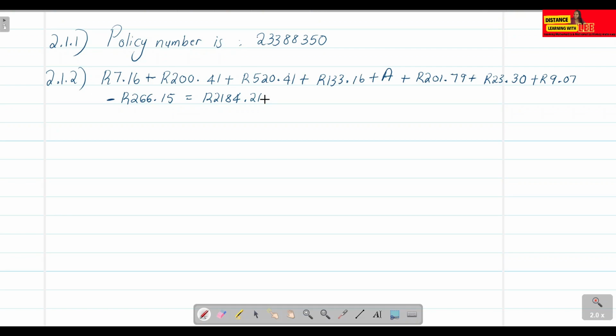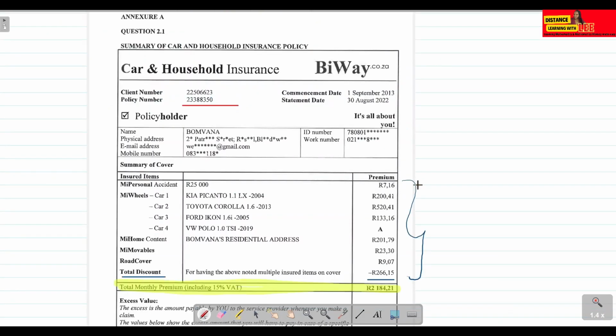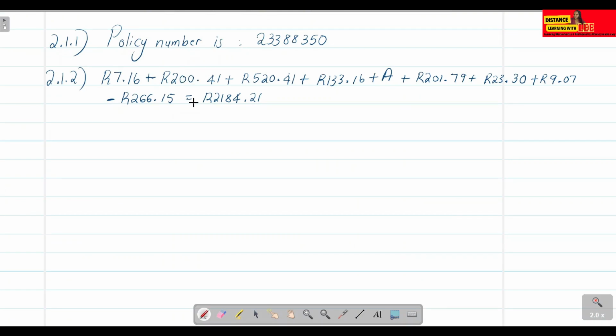All right, so we've added up all these values, and we equate it to 2,184 rand 21 cents, because that is what all these values equal. Once we've done that, this is just grade 9 stuff, guys. Collect your like terms. So we're going to add these values together.